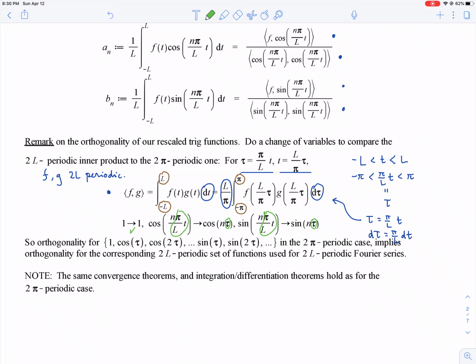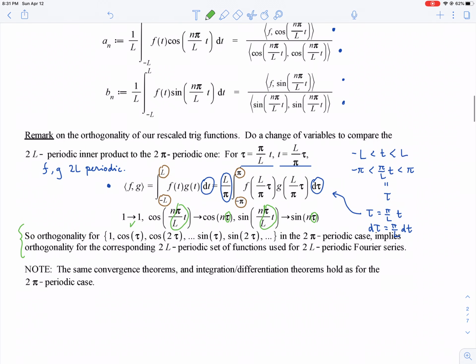So since all of the inner products were 0 for the sine n tau, cosine n tau, and 1 functions, as long as we took different ones of those, they were all orthogonal, we get the same result for these rescaled sinusoidal functions. So the orthogonality of the new functions is implied by the orthogonality of the original functions.